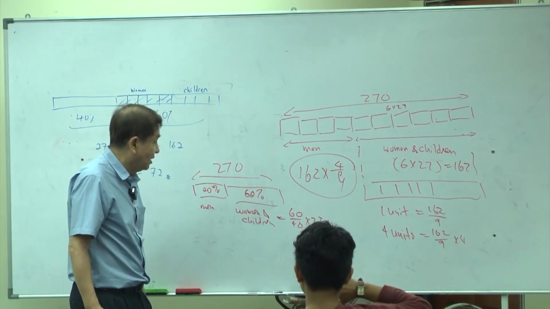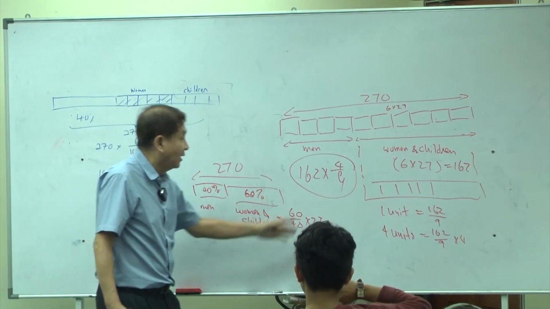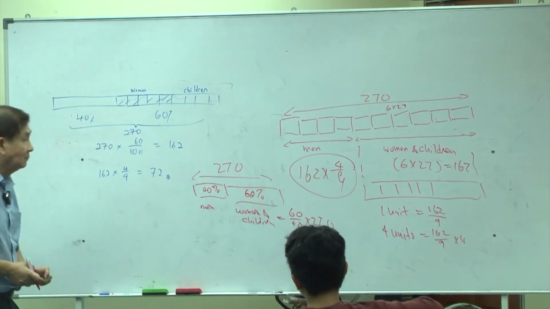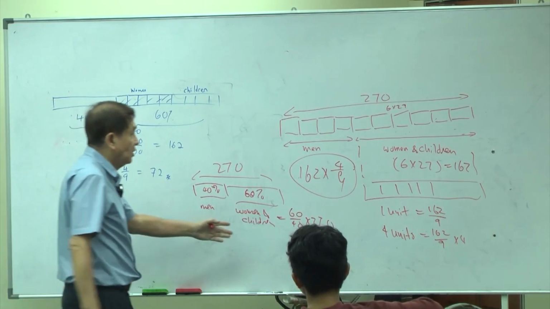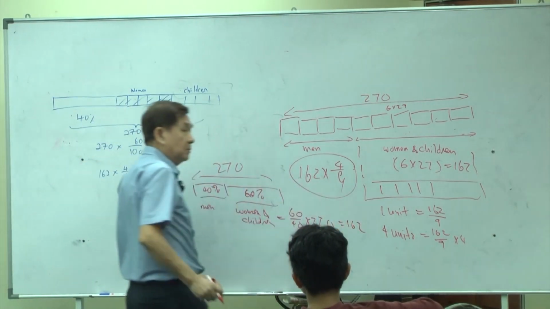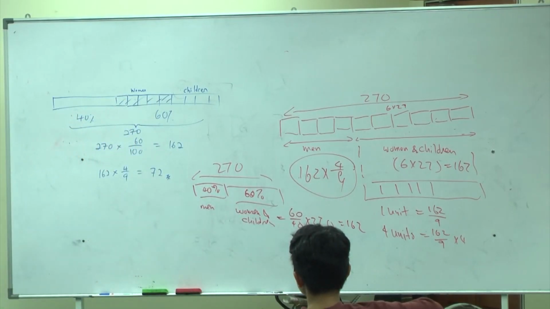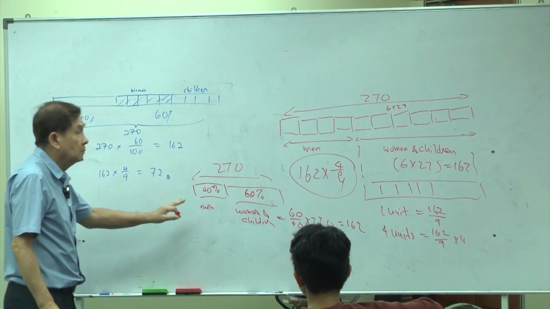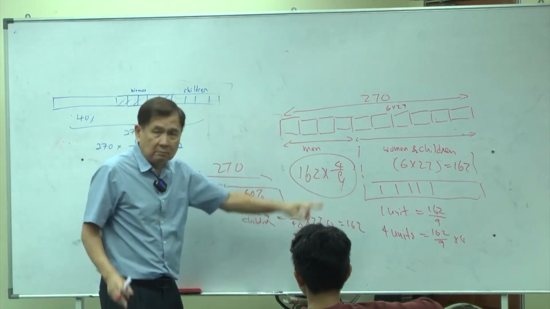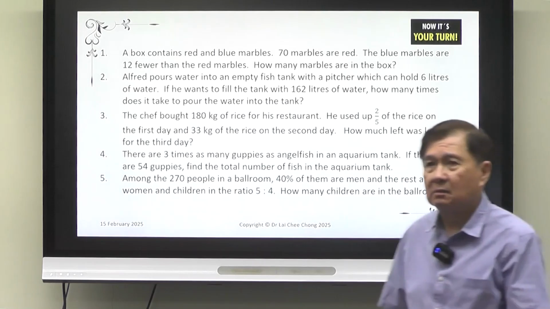Which is this number here. Then after I work it out, I can still go back to do it in this manner. Because that should total out to be 162 at the end of the day. So you can see there are many ways to draw the bar model. Either this way, that way, so that there are different ways of drawing it.